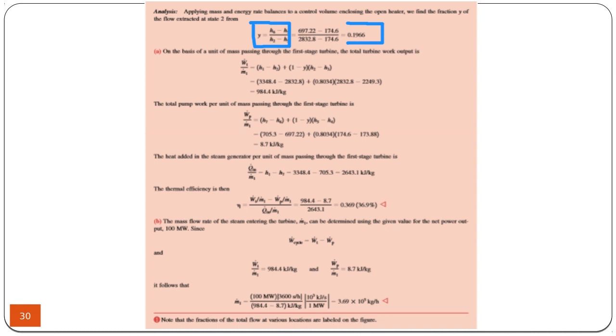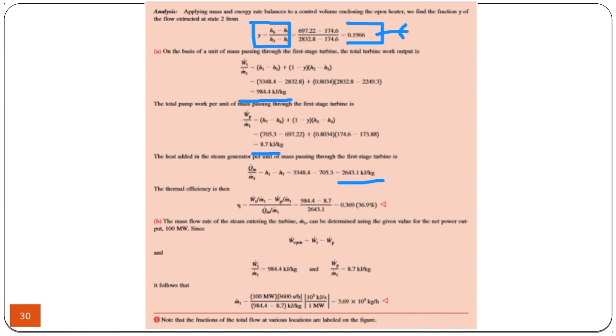So by using the energy balance, we can calculate the turbine work for the first case. The pump work is obtained from the value of y, and the heat addition is also calculated from the mass flow rate of the steam.